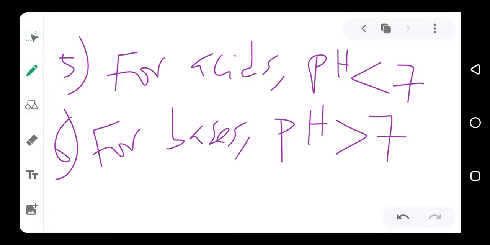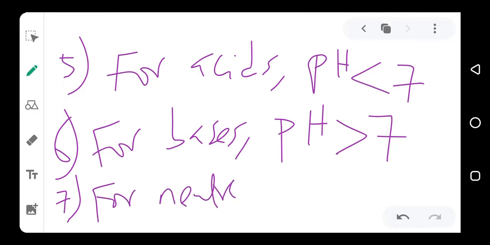Now the seventh thing to know, number 7, is that for neutral solution, pH is exactly equal to 7. So when we have a solution that the pH is exactly equal to 7, we say that the solution is neutral.